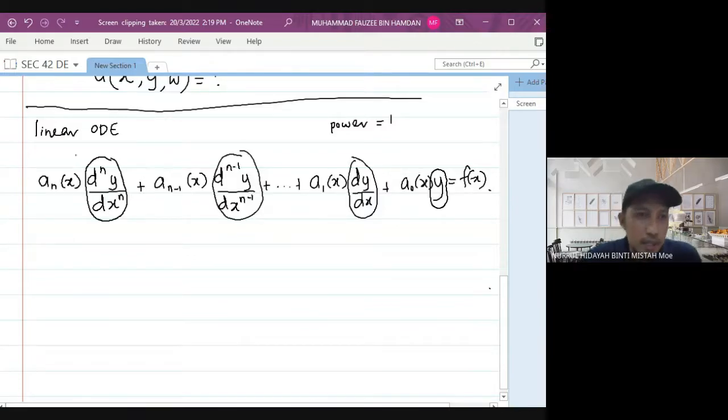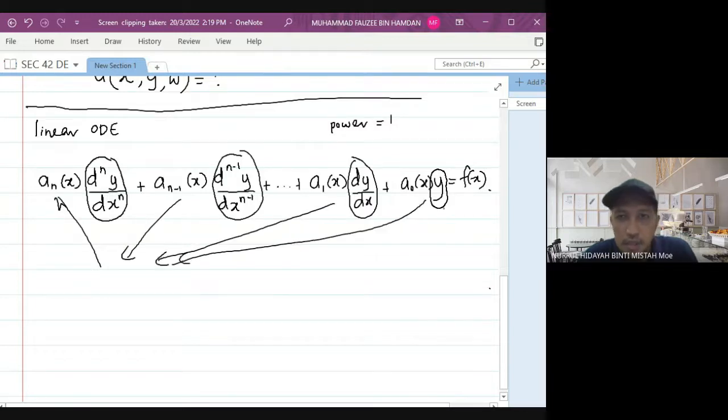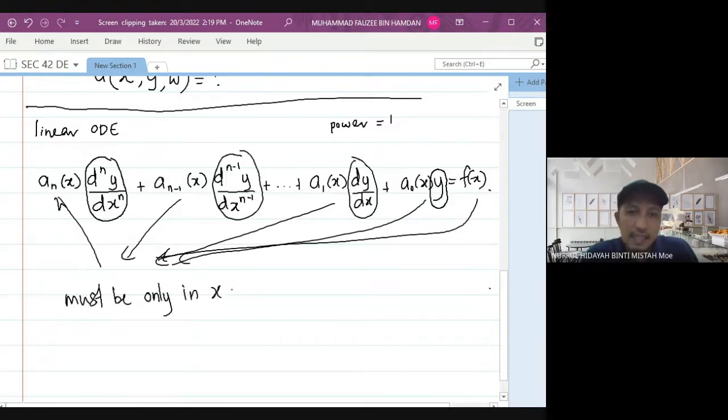The second condition is that all these functions or terms must be functions in terms of x only.